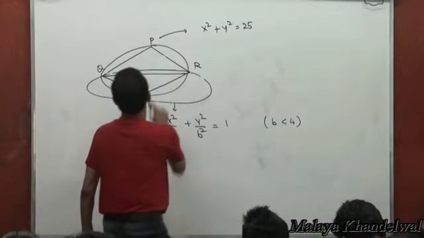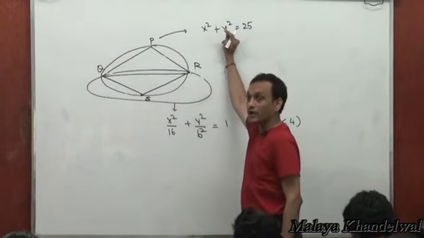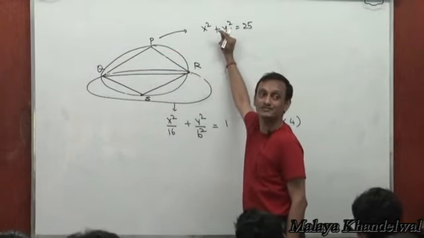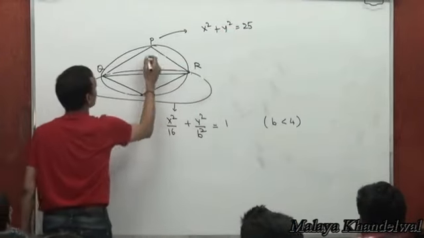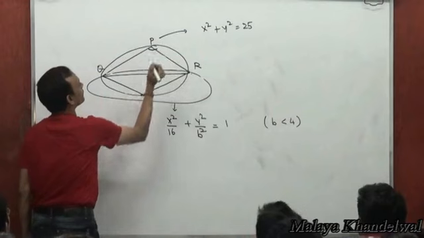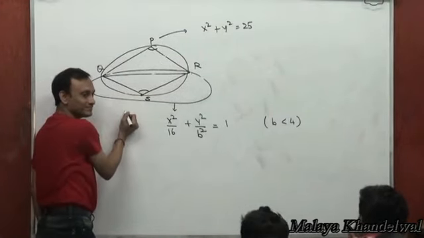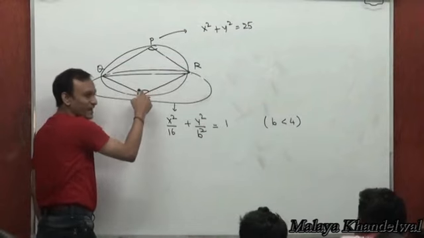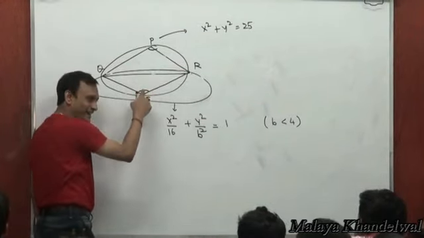Now, PQSR is a parallelogram and it's also a cyclic quadrilateral. Now, in a parallelogram, this angle will be the same as this angle. But in a cyclic quadrilateral, this plus this will be 180 degrees.